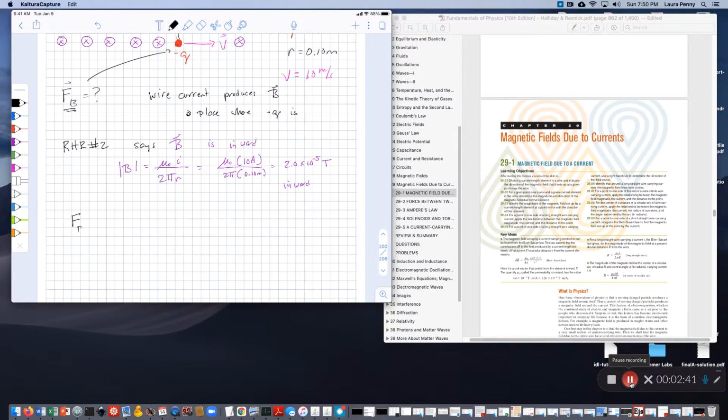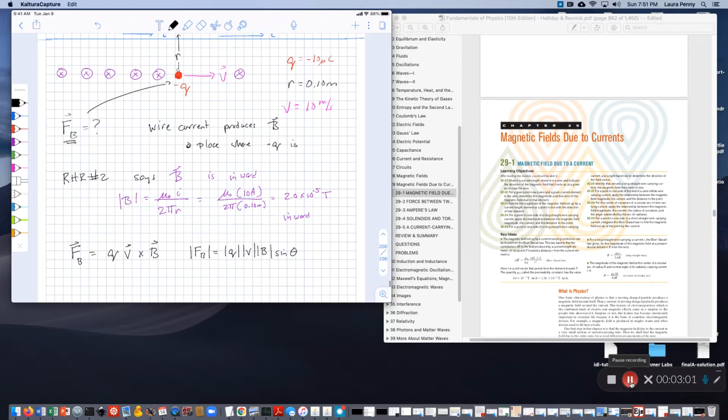So then my magnetic force is going to be q v cross B. Or I can say the magnitude of the magnetic force is the magnitude of the charge times v B sine theta.